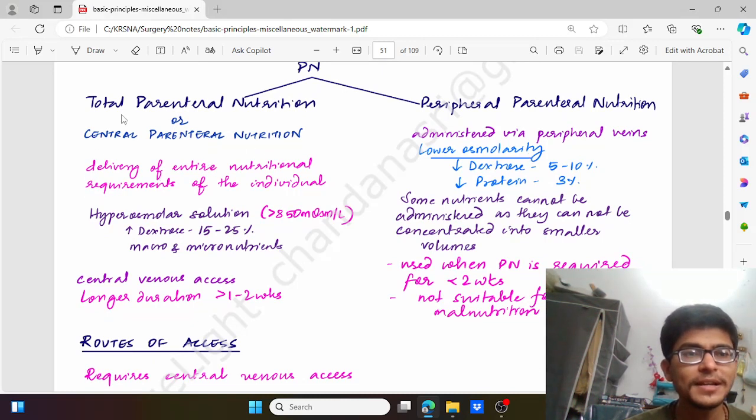So we'll see in detail the total parenteral nutrition, the delivery of the entire nutritional requirement of the individual.